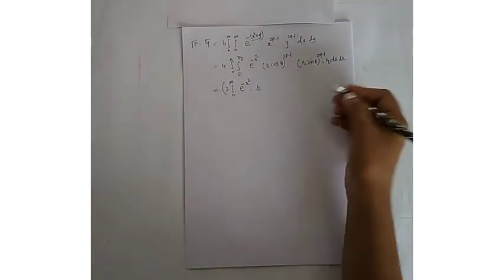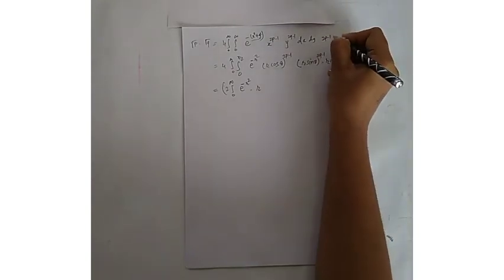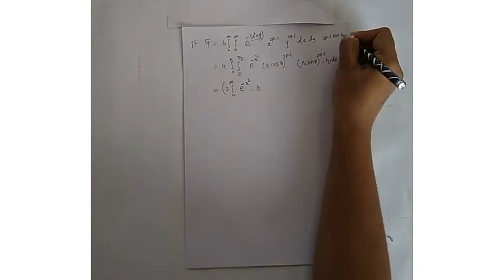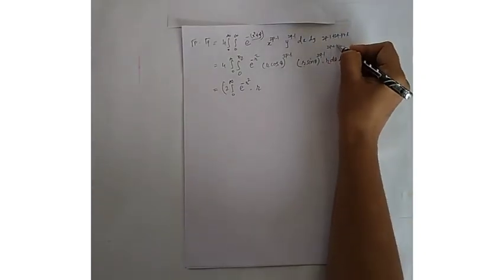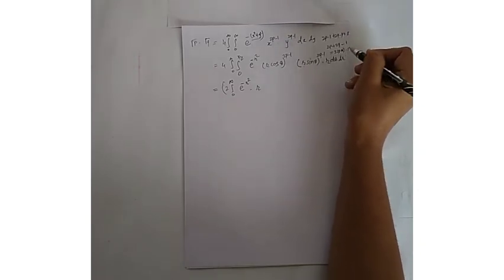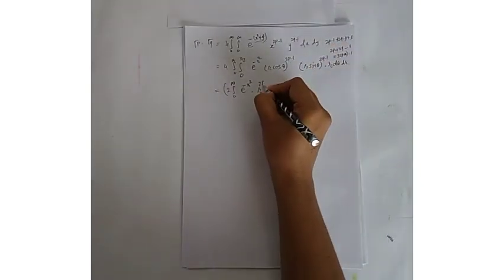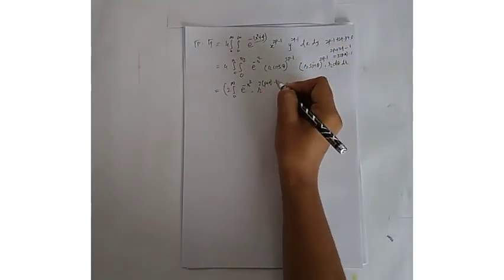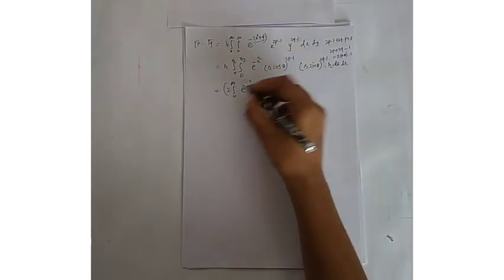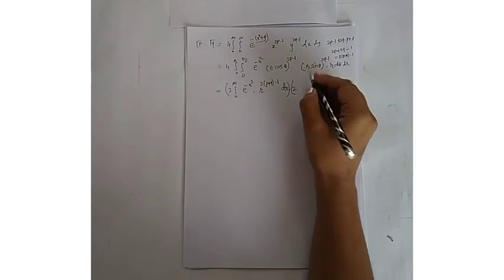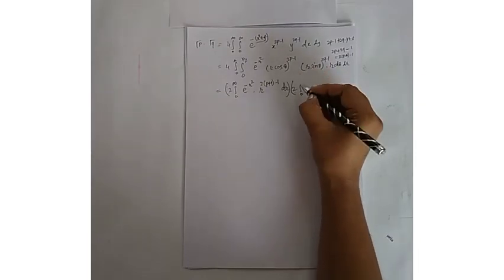So 2p minus 1 plus 2q minus 1 plus 1 gives 2p plus 2q minus 1, meaning 2 into (p plus q minus 1). So r to the power 2 into (p plus q minus 1) into dr, and 2 into 2 is 4. So 2 into integration with limit 0 to pi by 2.